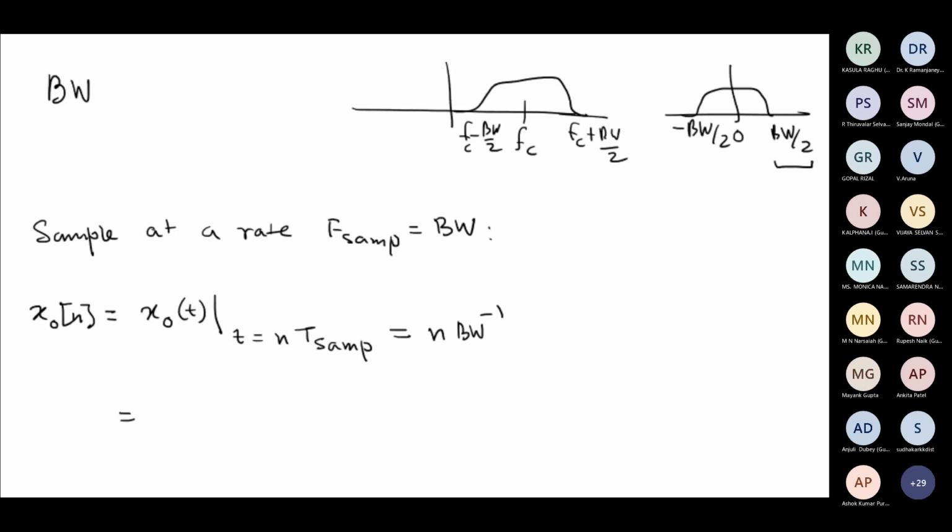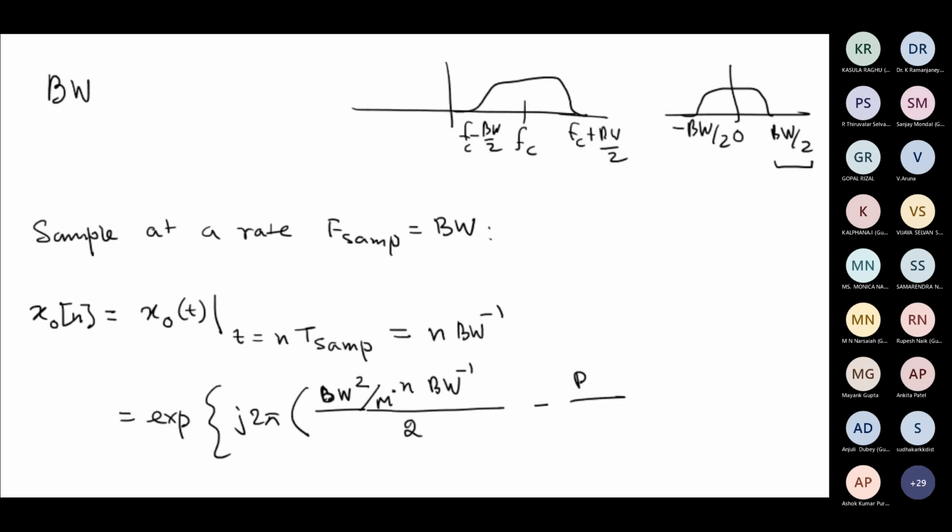So that can be written as, by invoking what we wrote in the previous slides, the chirp expression evaluated at n BW inverse, divided by 2.